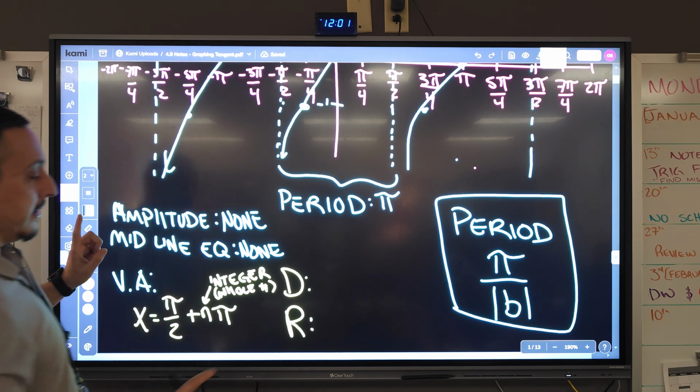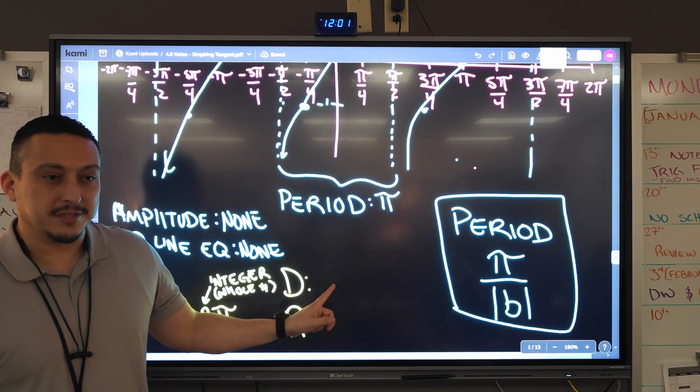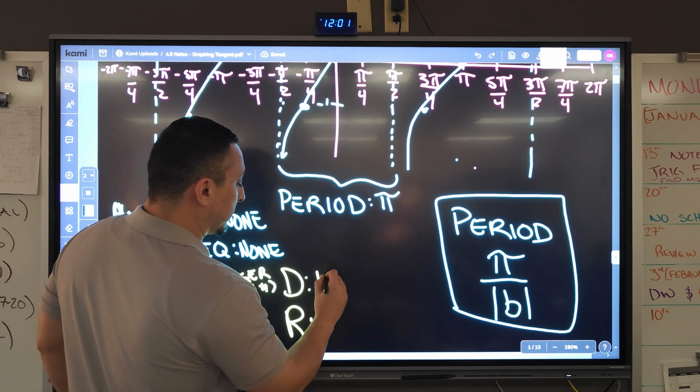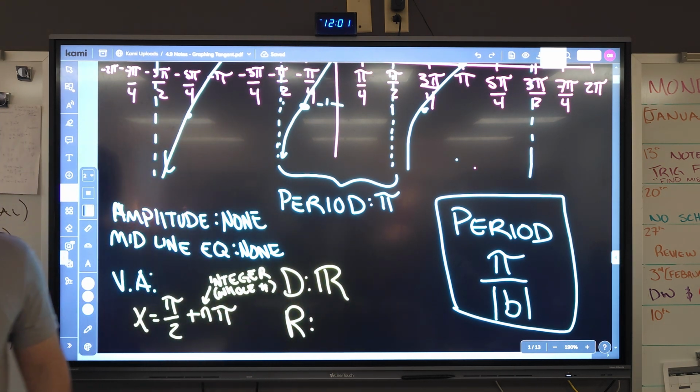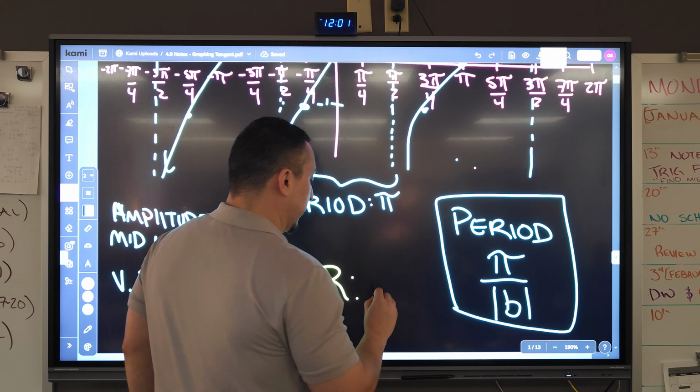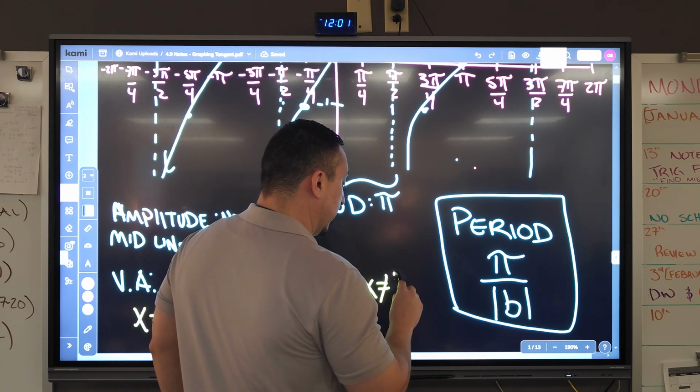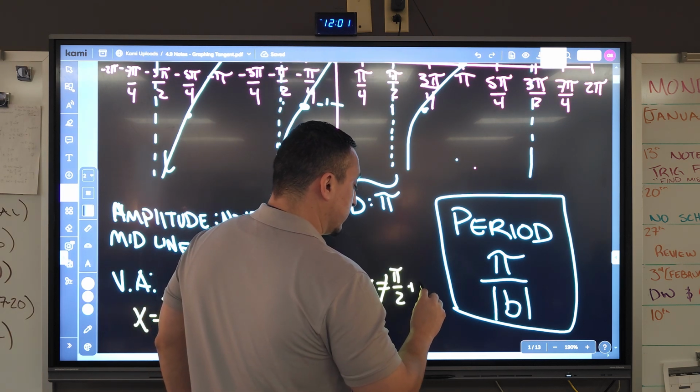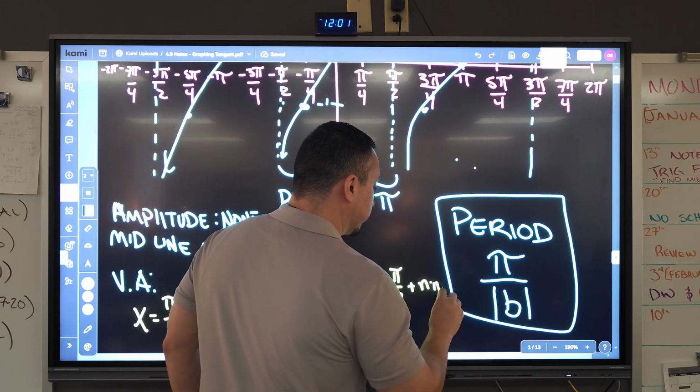I had to explain that first to explain the domain. So the domain will be all real numbers except where the asymptotes happen, because there are walls right there. So we say x cannot equal pi over 2 plus n pi.